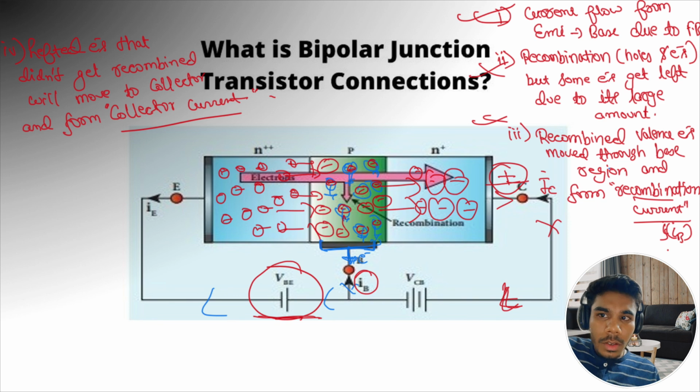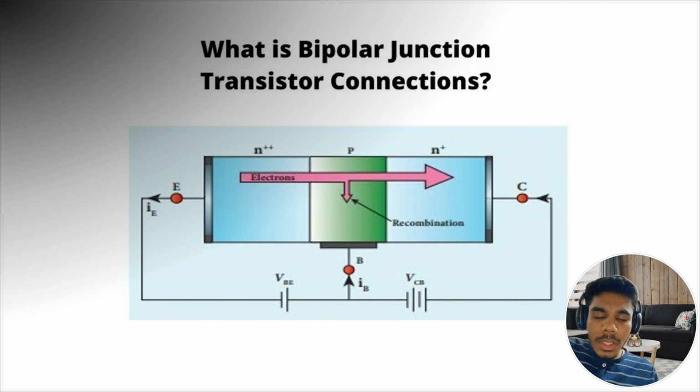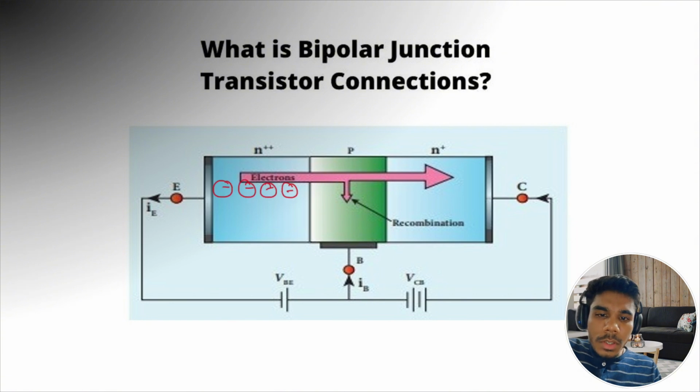Basically, what I mean to say is that the electrons will flow from this emitter region, and there are holes present in this region. There will be more electrons. Some will get recombined, and some of the holes will be left. Okay, what will happen?